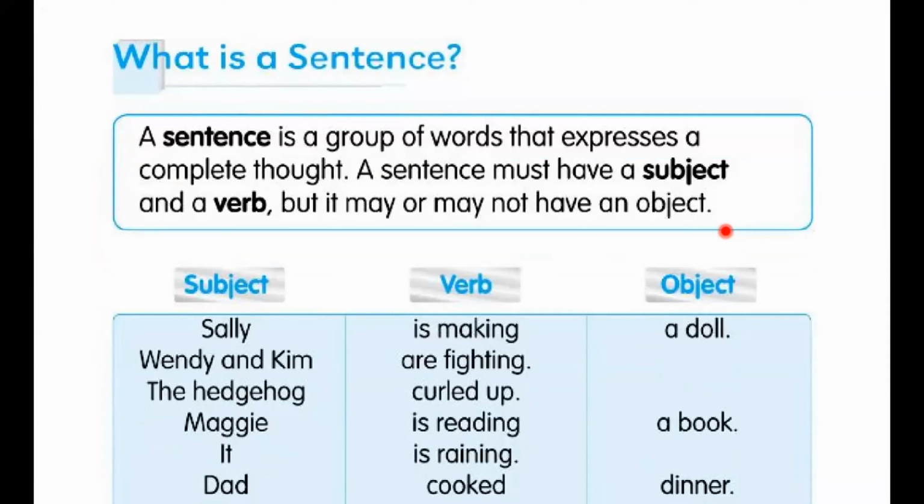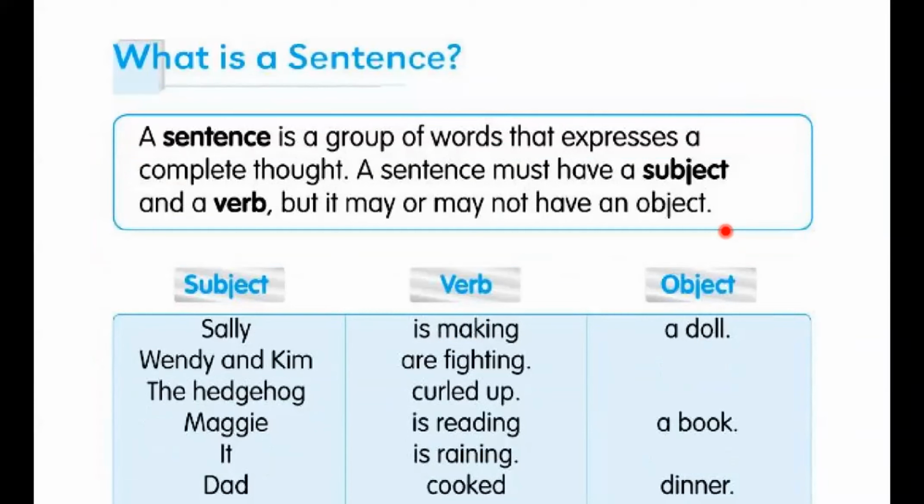For example, if I say Shushma is, is it expressing a complete thought? Or if I say Shushma is having, is it expressing a complete thought? No. But if I say Shushma is having breakfast, then it is expressing a complete thought.